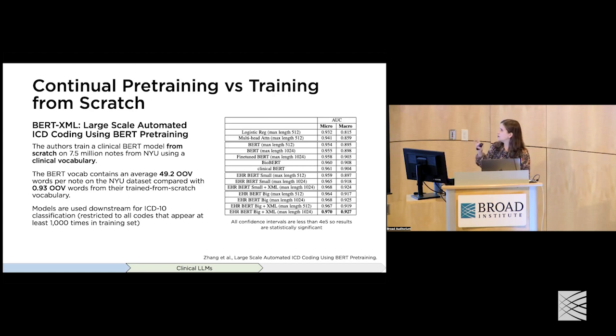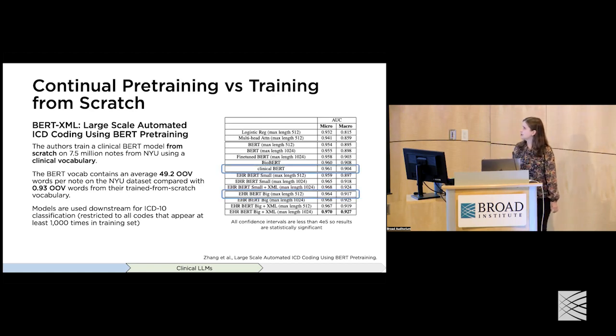I'm just going to show you a table of results, and I really just want to focus on these 2 lines here, where they're comparing clinical BERT that was trained on ICU data, general domain, to the model that they train that's of the same size on their in-domain vocabulary. They do find that there's a significant difference, and their model performs better than clinical BERT, but I'll leave it to the reader in terms of whether the difference in performance on this task is practically meaningful or not. I think it'll really be task specific.